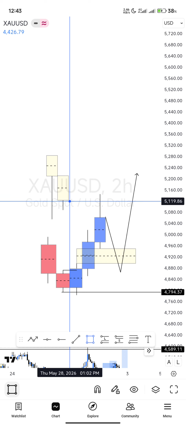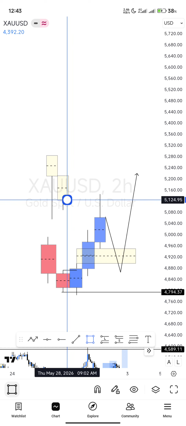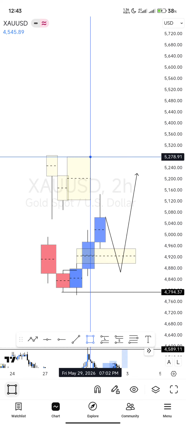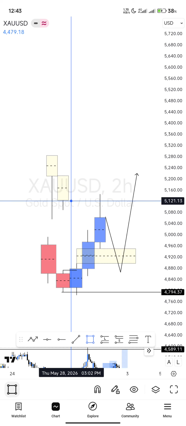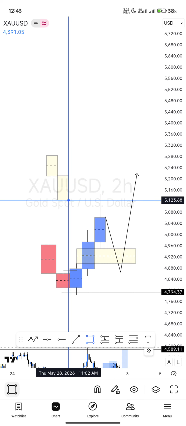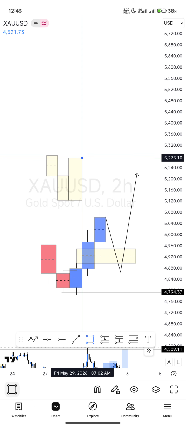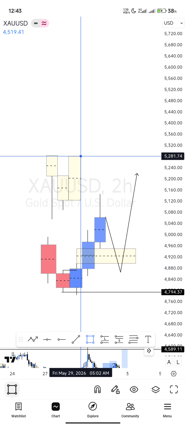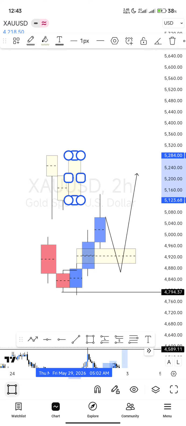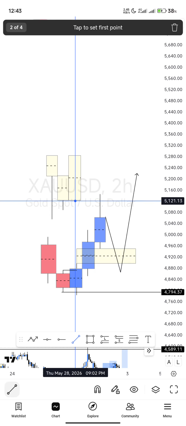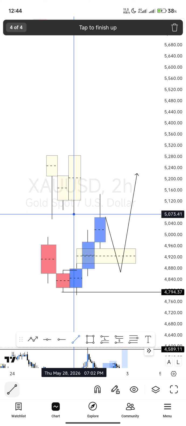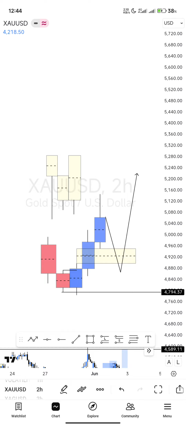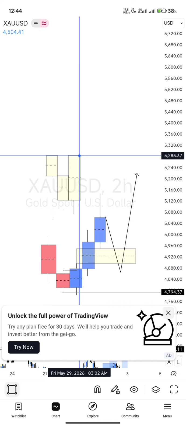And then we have a bullish candle. What you see is this candle sweeps this low, and then we have the next bullish candle.